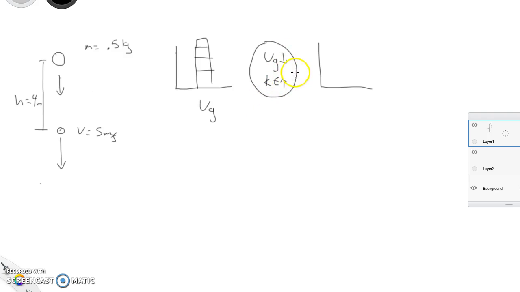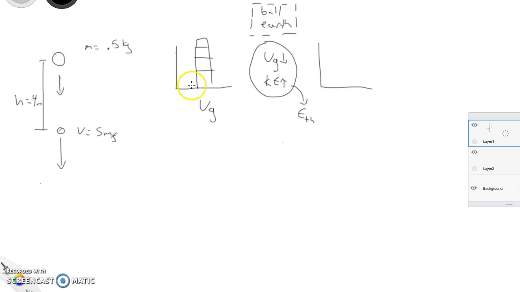Okay? But there's something else going on here too. The last time it was a closed system, the same system, the ball and the Earth, but this time it's an open system, meaning that energy can be lost. Which means that energy is leaving the system in the form of thermal energy.